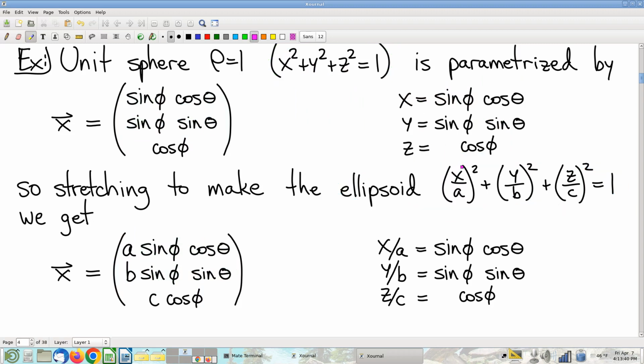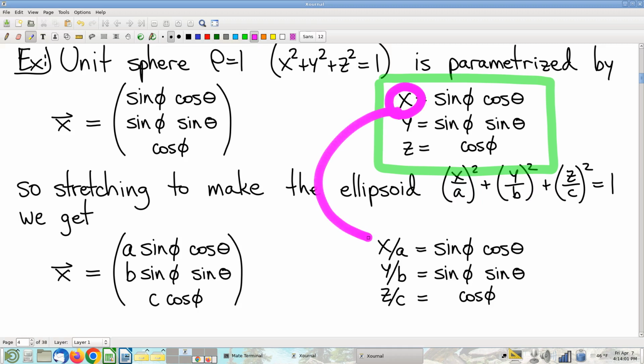Now, here's a different way you can think about it. Another way that I can take, let's look at it from the point of view of these equations. Another way that I can make all of the X coordinates A times as big, another way I can stretch by a factor of A in the X direction, is to replace X with X over A. That was the chapter 2 approach on this. Totally fine. And sometimes students get confused. Wait a minute, should I multiply by A or should I divide by A?